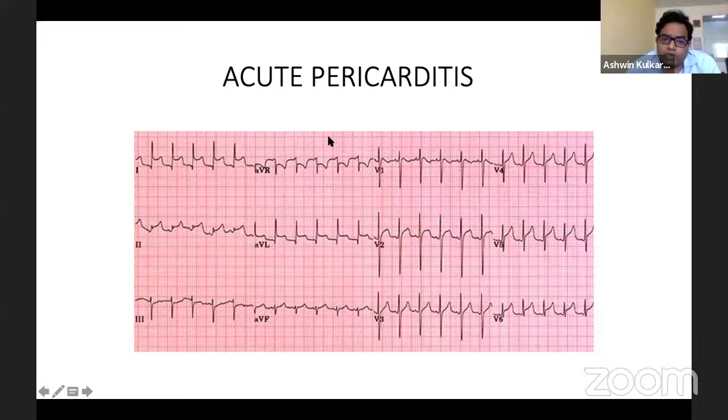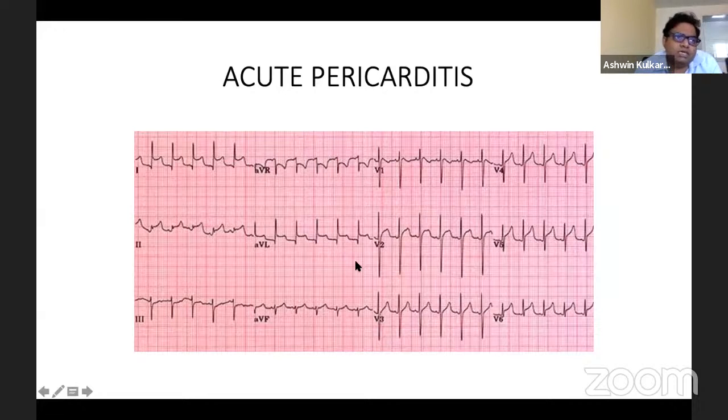Also, in acute pericarditis you do not see reciprocal changes, and you usually do not see T wave changes either. Also, as time progresses, these changes evolve, and the ST segments come back to their normal shape. And there is also something called the PR segment. PR segment depression is also a sign of acute pericarditis.